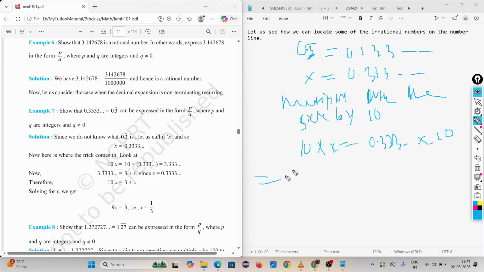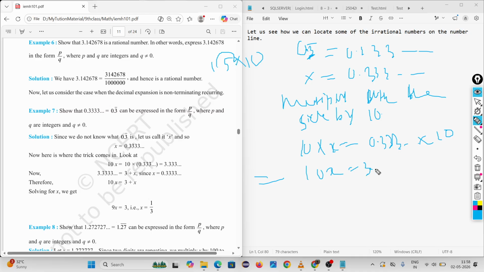10 into x is 10x, and 0.3333 into 10 is 3.3333. Remember, if any decimal number is multiplied by 10, the decimal point moves one step to the right.